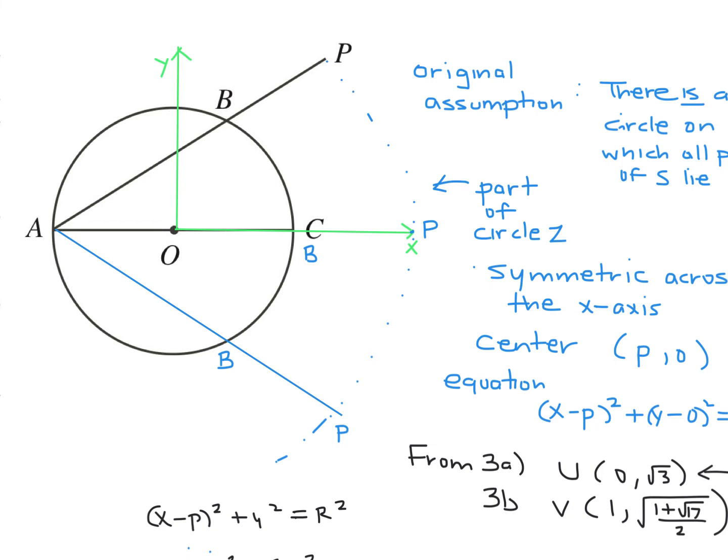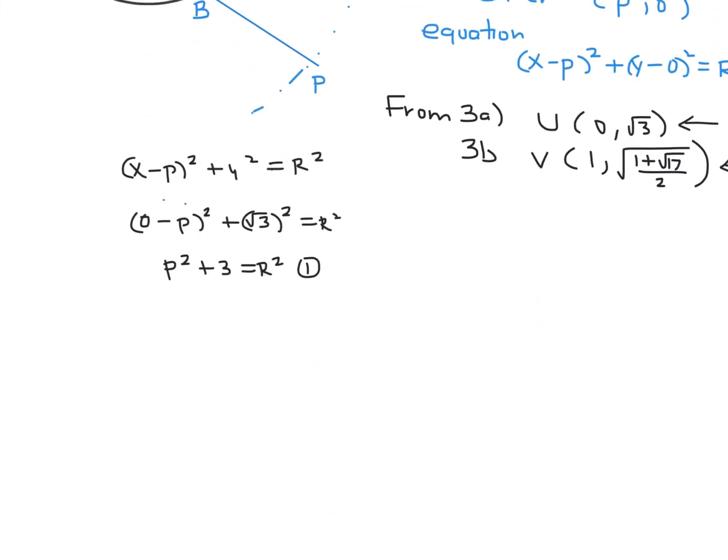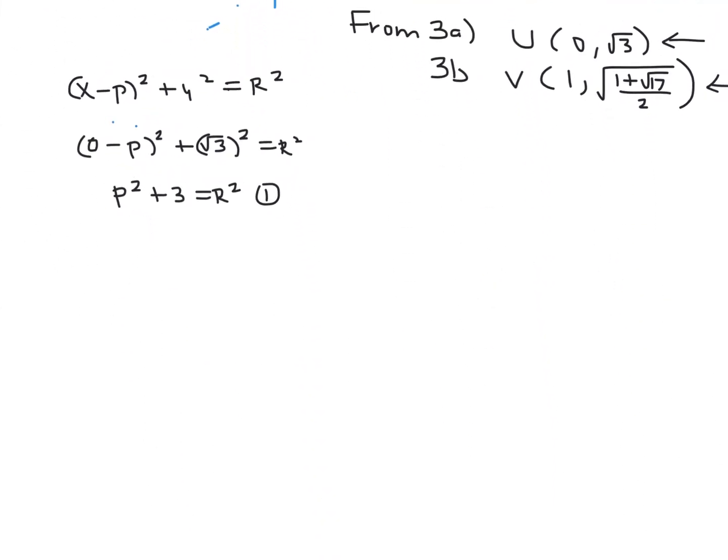Because if this is B right here, then we know for a fact that the distance from B to P is 1. So this is 1. And then from the origin to C, well, that's just the radius of the circle, and that's also 1. So that means the coordinates of P, this P, is 2, 0. So that's what I'm going to substitute in. I'll substitute 2, 0.